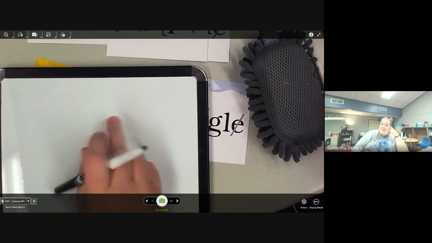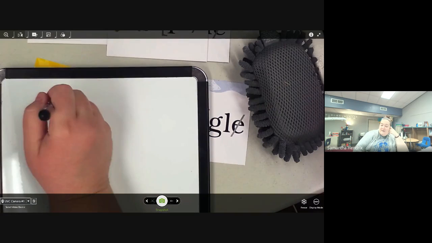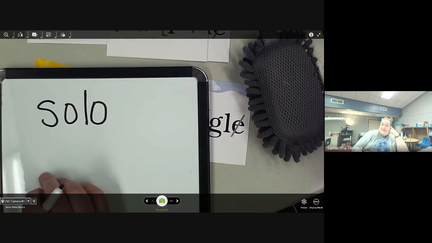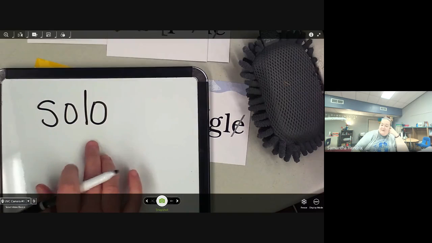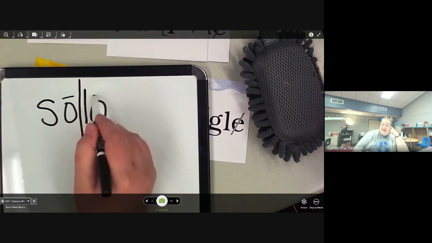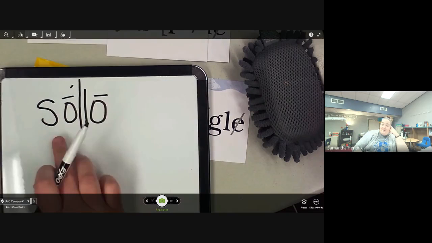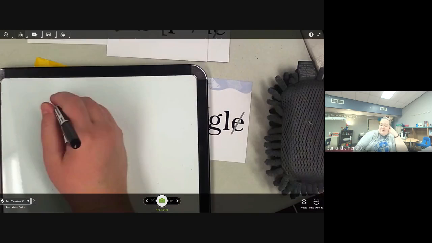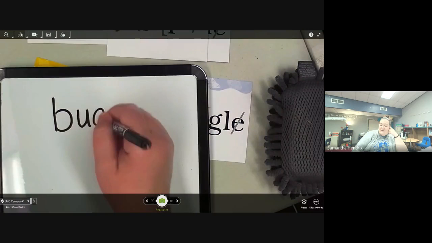It's the open syllable. Like this, two-syllable word. Here's the mark. So they're open, accent, open. So solo. And a lot of you get that word, but several of you miss this word.